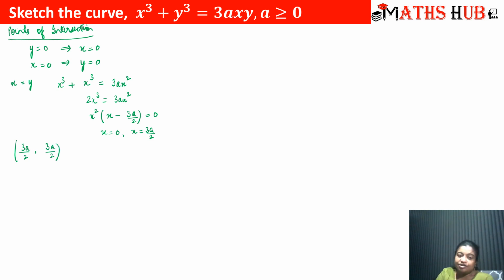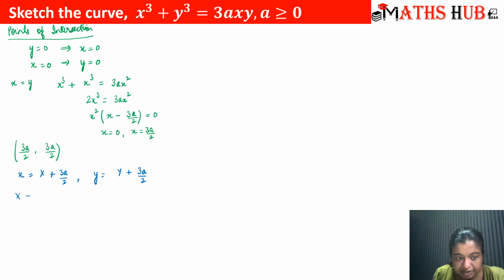Right? So now we can also calculate the tangent at this point. Do we have any tangent at this point? So let us shift our origin to this point: x becomes x plus 3a by 2 and y becomes y plus 3a by 2, right? So let us substitute.